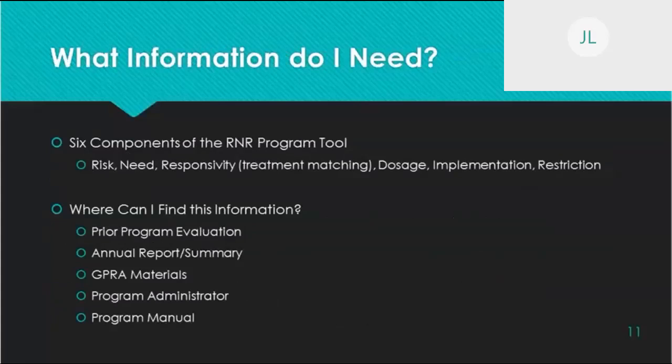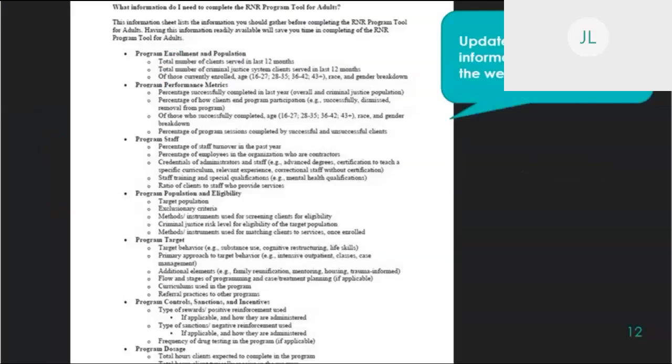Just as before, the information that you need can come from the same places when you're thinking about completing the program tool. So none of that has changed. We do have an updated "What information do I need to complete the tool" document. For the 2017 grantees on the phone, you have been receiving this as part of our implementation site visit.